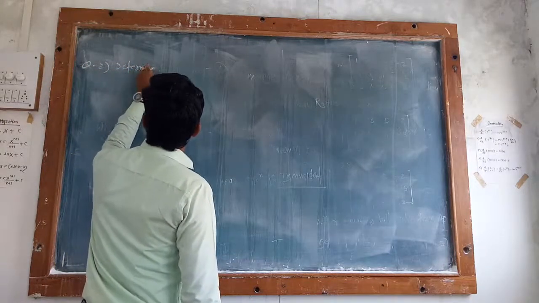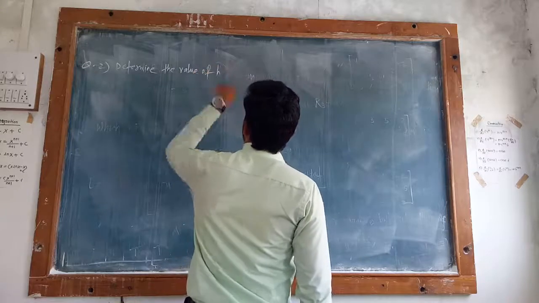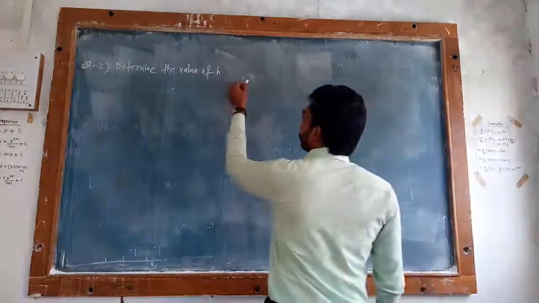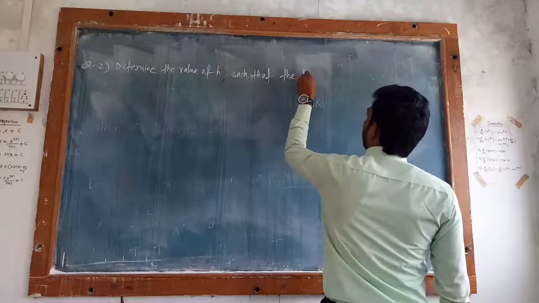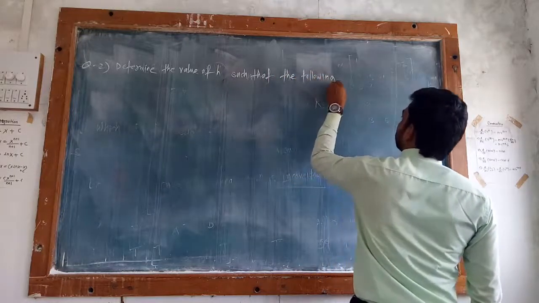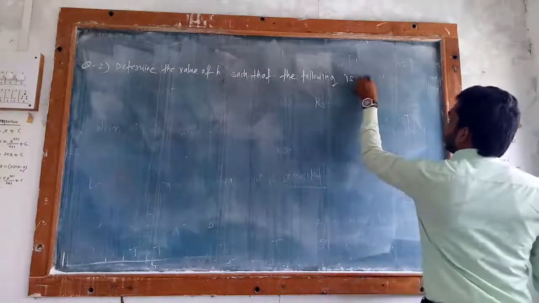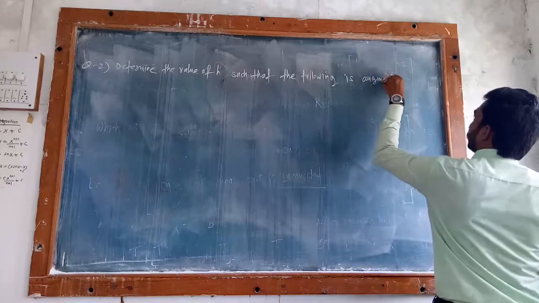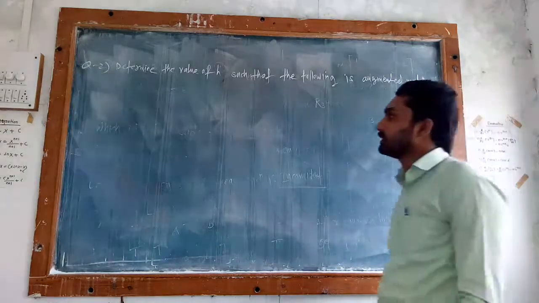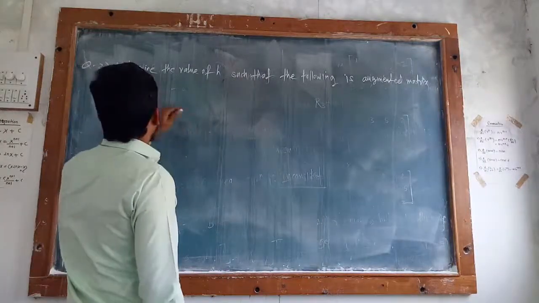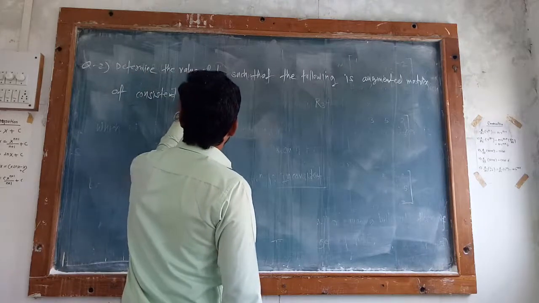Determine the value of small h such that the following matrix is the augmented matrix of a consistent linear system.